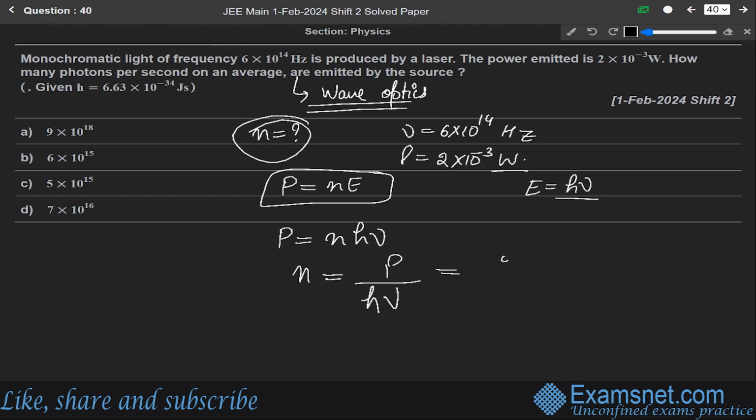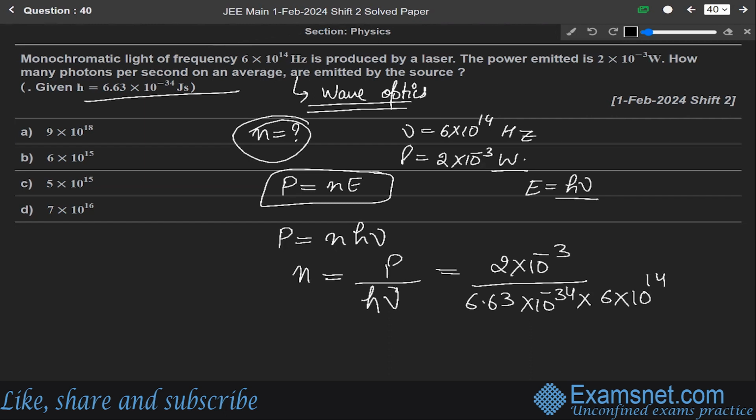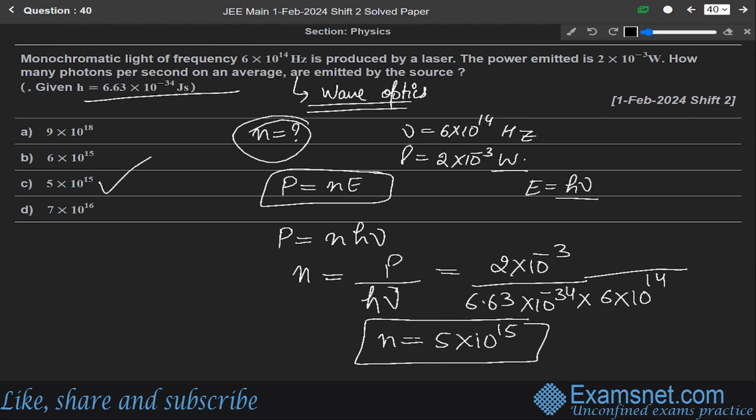Power is given as 2 into 10 to the power minus 3 watt, over Planck's constant 6.63 into 10 to the power minus 34, over frequency 6 into 10 to the power 14 hertz. Just solve it and we get N equals 5 into 10 to the power 15. So the correct answer is option C.